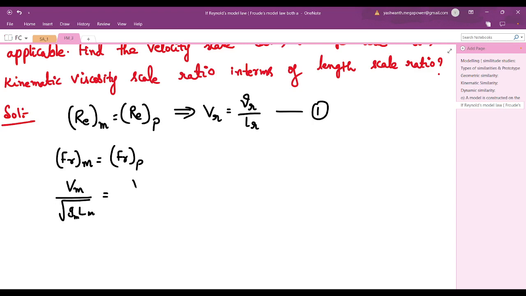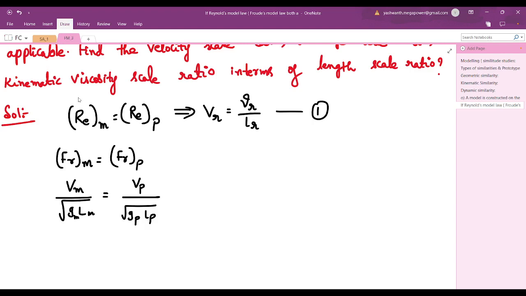Vm by under root Gm Lm, and Vp by under root Gp Lp, isn't it? Be it a model or prototype, acceleration due to gravity always remains constant, which is 9.81 meter per second square, right?